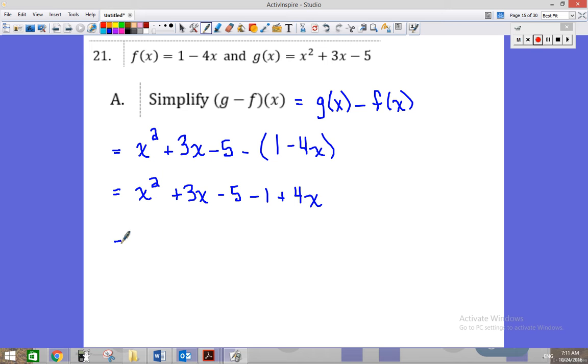We only have one x squared term. We've got two linear terms. So we've got x squared plus 7x, and we've got two constant terms, minus 6. So there's my answer for part A.